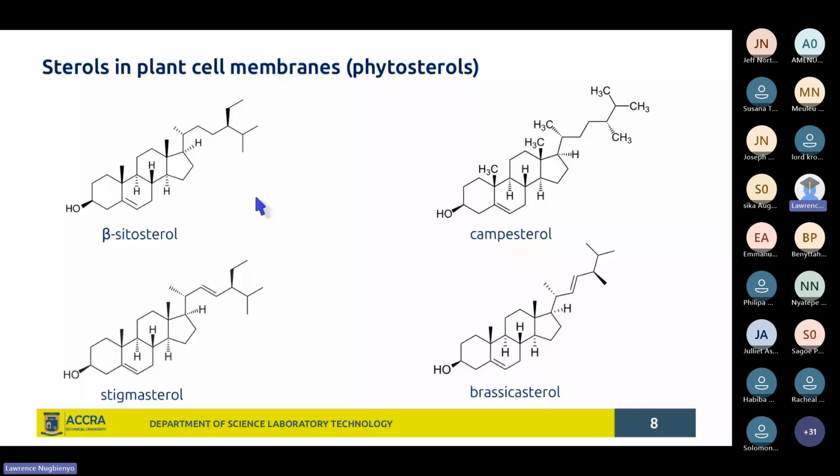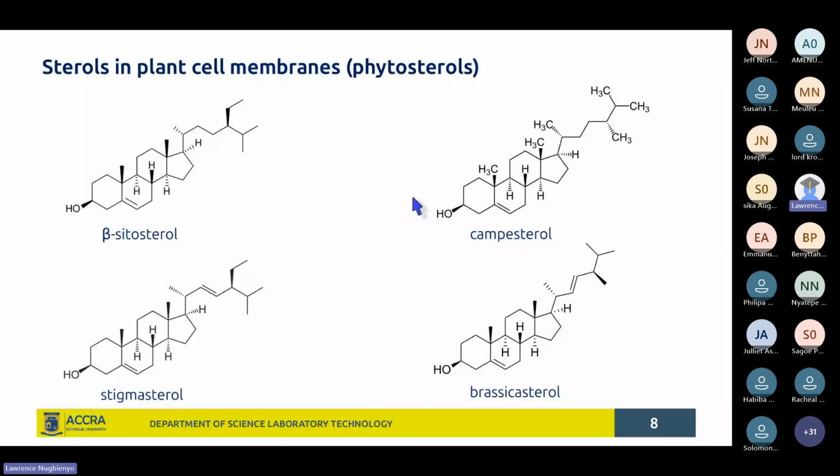So it's a practical application of these things, so that the next time you say you are doing some extract, in fact what you are extracting is coming from the cell membranes, and the structure of it, if you look at the chemical structure, is similar to that of cholesterol.